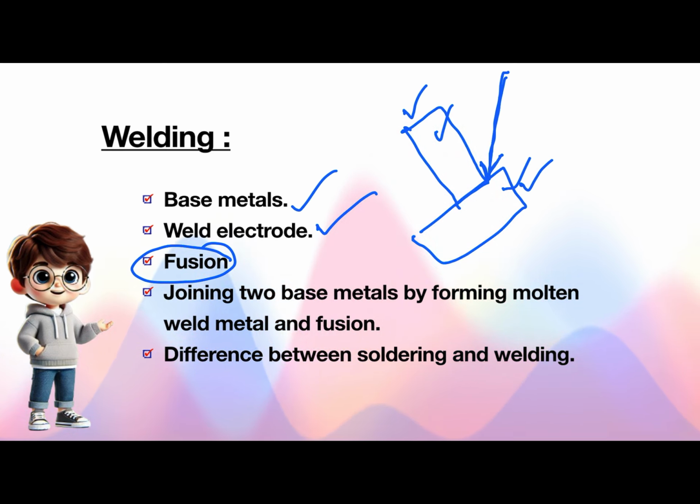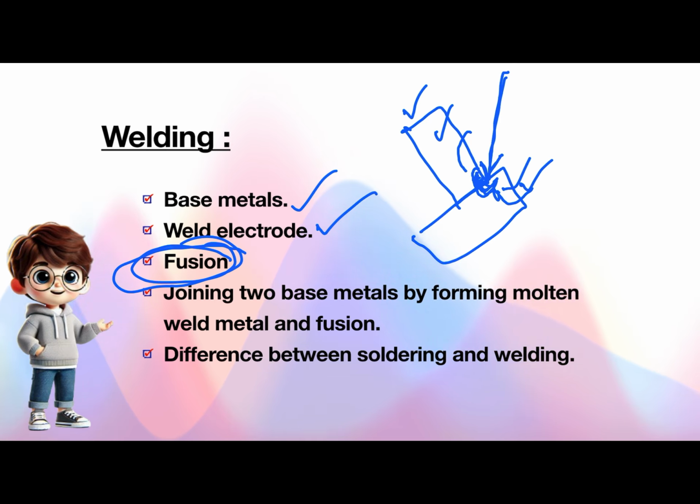So there is an ignition, an arc of weld, from which the electrode and base metals start melting. After melting, it will form a molten pool. That molten pool consists of melted base metals and melted electrode. These will be mixed up and will get hardened. The process of mixing the molten base metal and molten electrode, we call fusion.